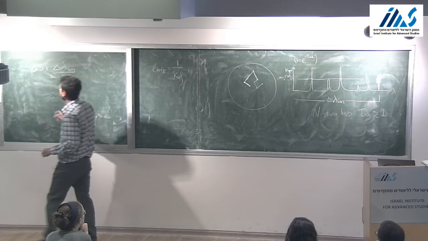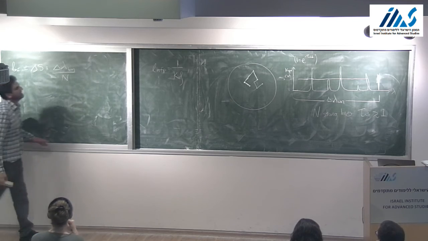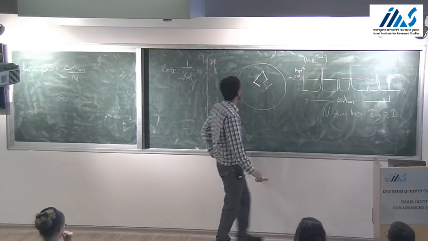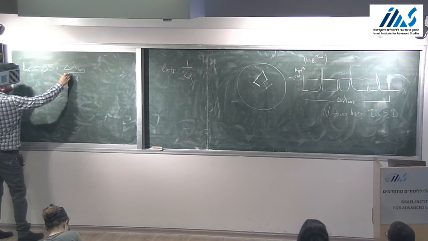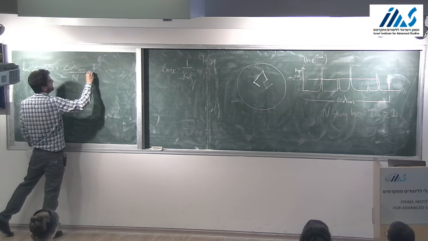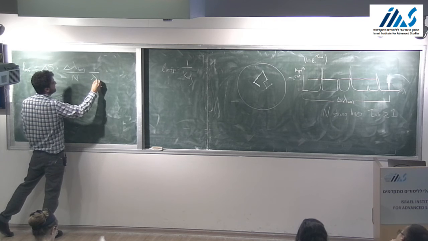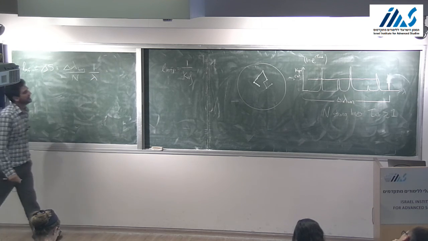Right. So what I'm writing down here is the mean free path, which is the distance traveled before an interaction with a line. It is basically given by the spacing between the lines over the wavelength that we're at.